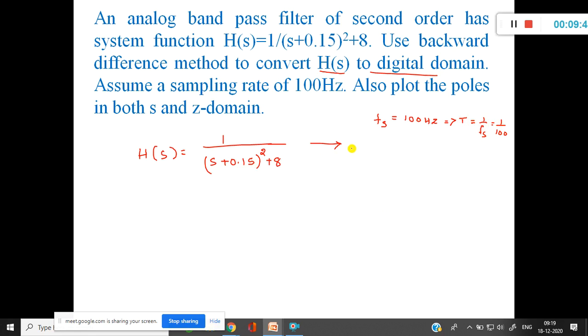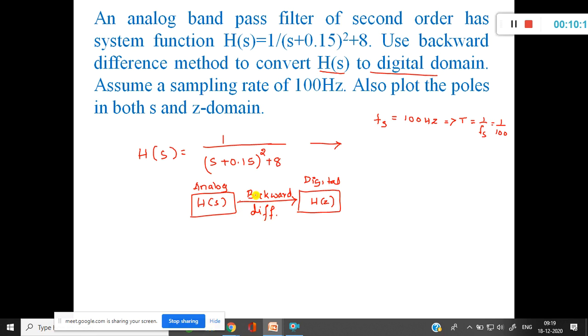Now what are we supposed to do? I need to transfer this H of s, which is an analog system, to a digital system, H of z, by using the backward difference method.